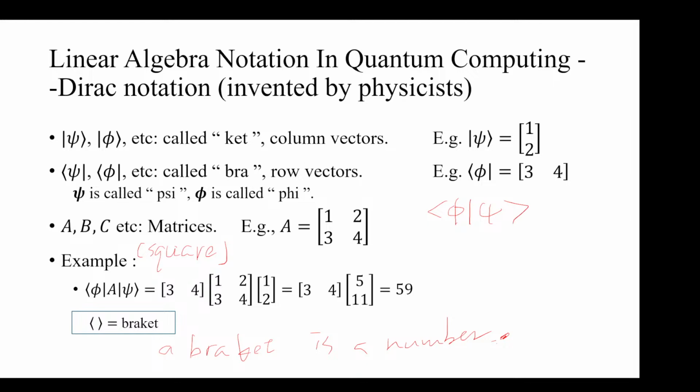Usually it's written like this, the bra vector times the ket vector, but we'll be lazy and won't write the double line; we just write one line in the middle. That's the standard notation. Then you can do the multiplication. Once again, it's a bracket and just a number: 1 times 3 plus 2 times 4, which is 11 here. So that's the bracket notation.